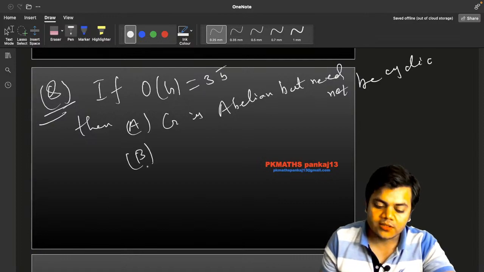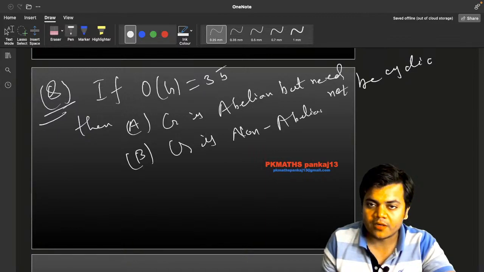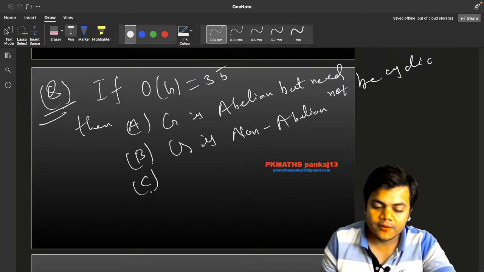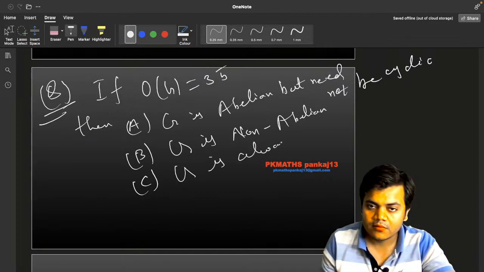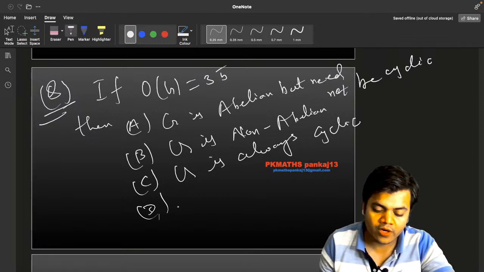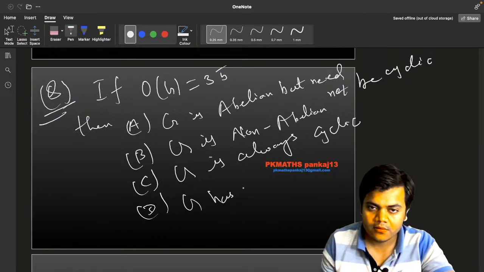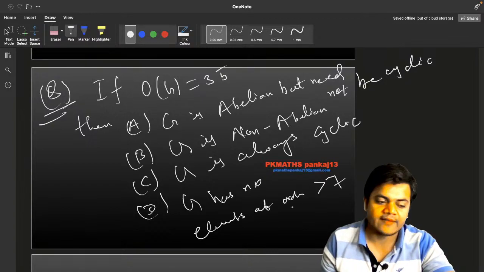Option B: G is non-abelian. Option C: G is always cyclic. And option D: G has no elements of order greater than 7.